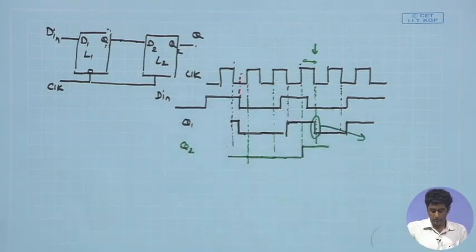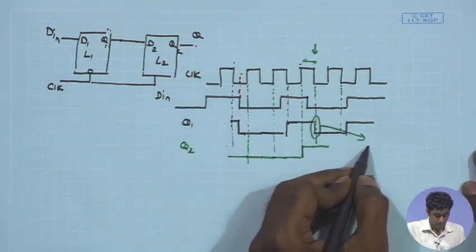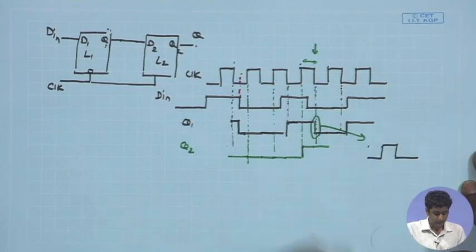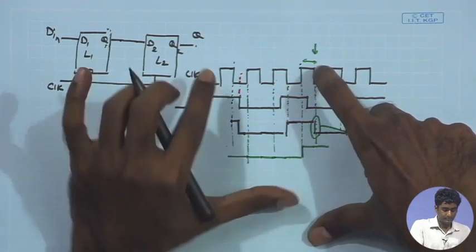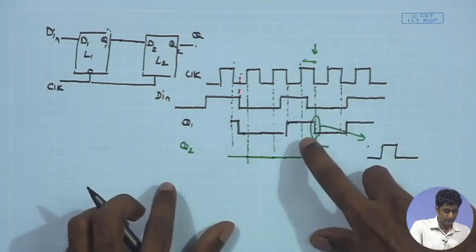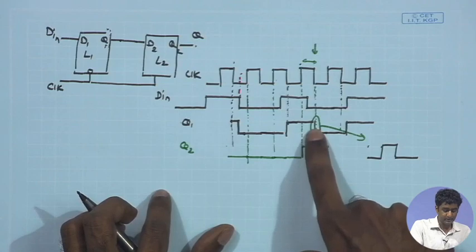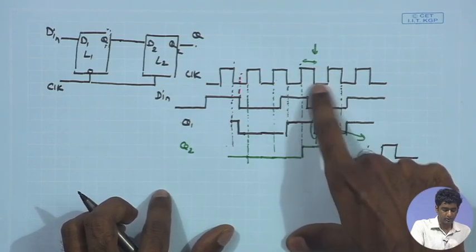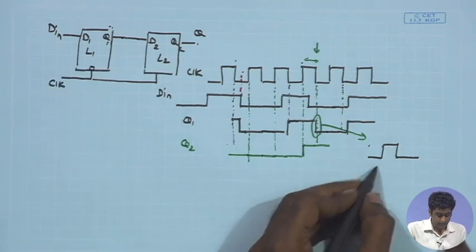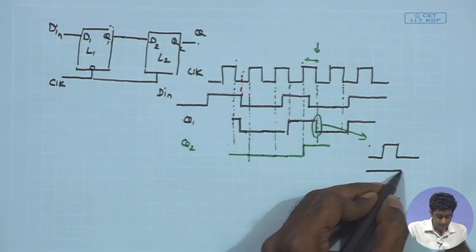if I look at realistic circuits, we will see that when the clock makes a transition over here, and corresponding to that Q1 is making a transition at the falling edge of the clock because it is negative level sensitive, it will have certain delay. It is not ideal, it will have certain delay for that transition.